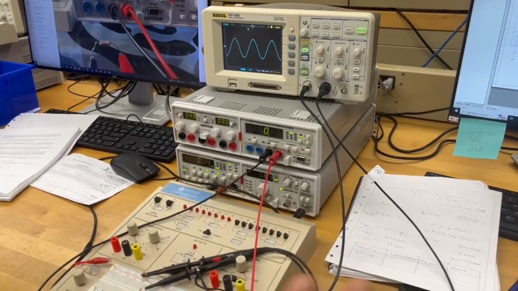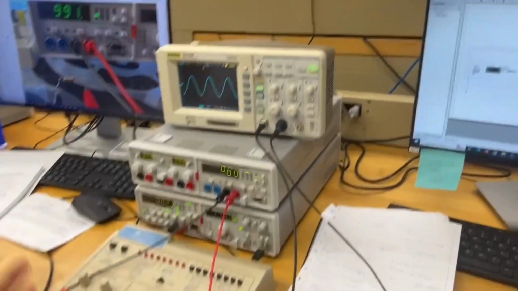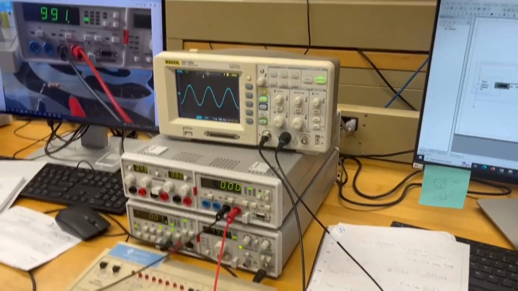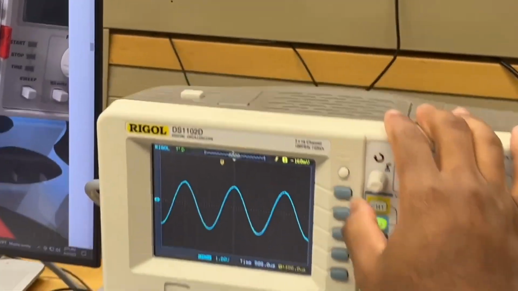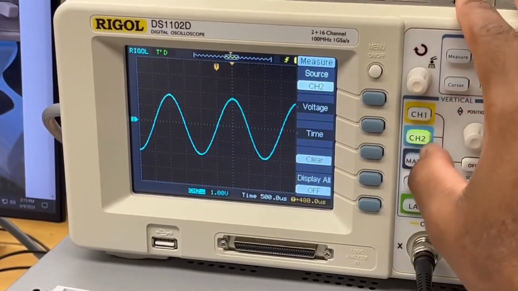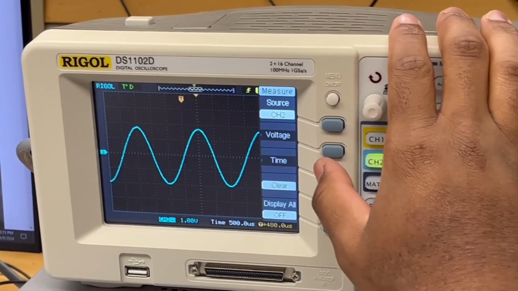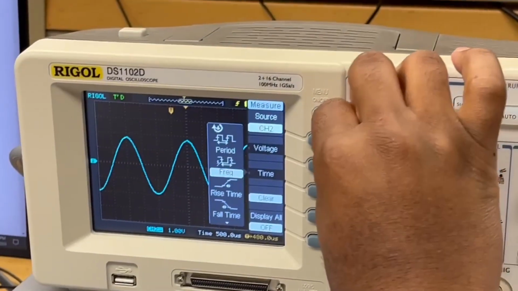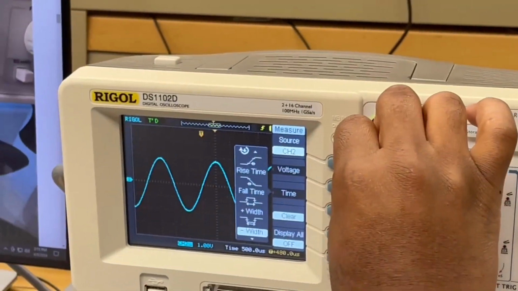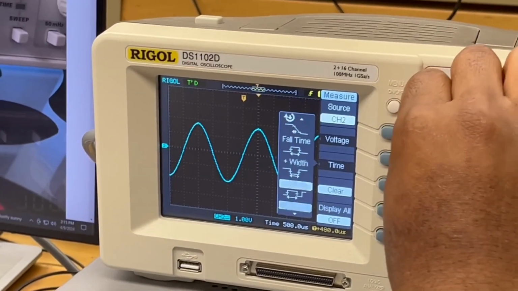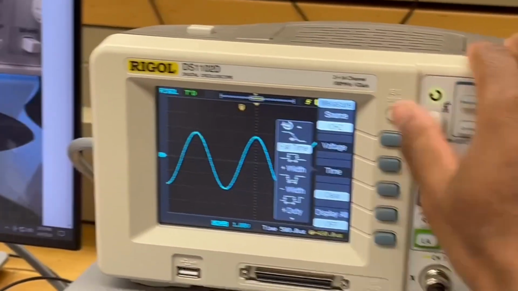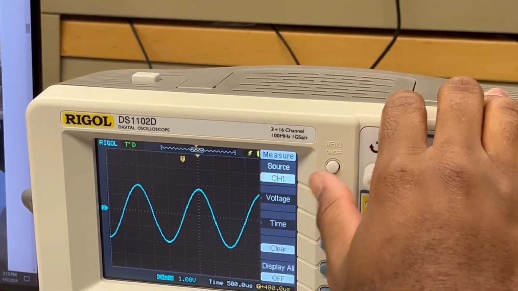Now I'll show how we get our V2 RMS. I'll do it the old school way first. To get our V2 RMS, we'll press measure, and it's on voltage. Channel 1, channel 2.